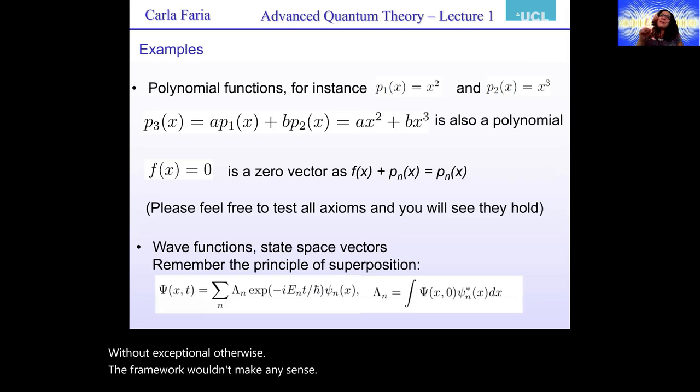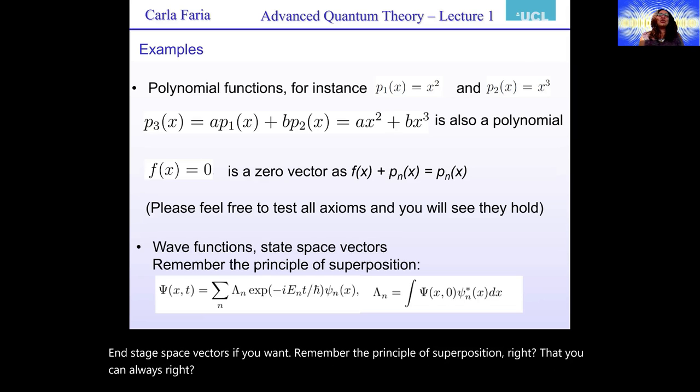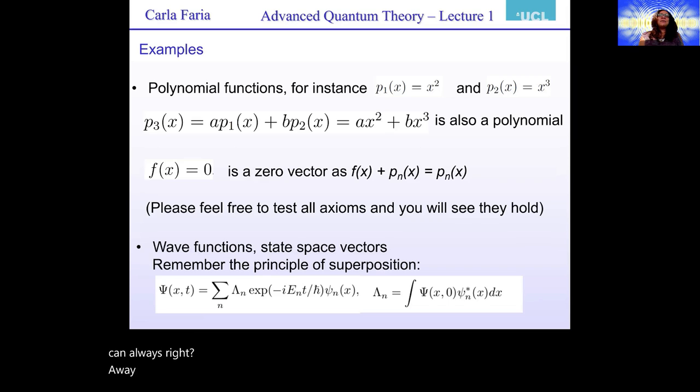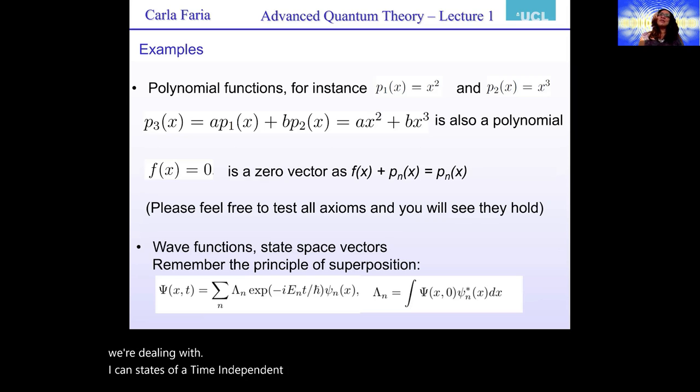Also now, remember wave functions and state space vectors if you want. Remember the principle of superposition, right? That you can always write a wave function as a superposition of other wave functions. For instance, something we use a lot if we're dealing with eigenstates of a time-independent Hamiltonian, or eigenfunctions in this case.